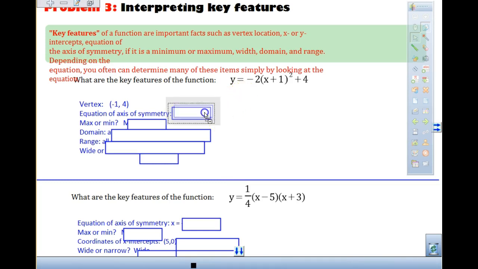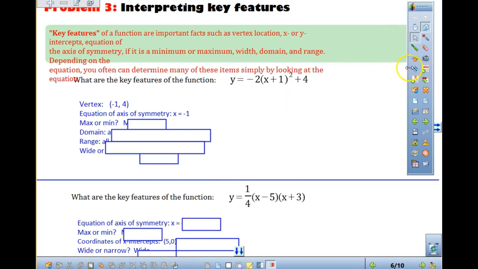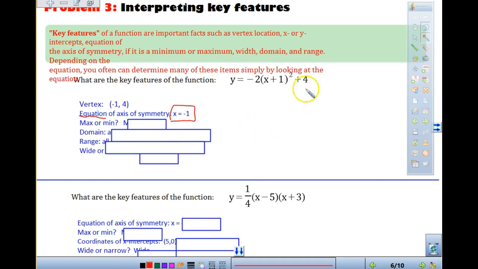Not just negative 1, and this is where a lot of you on that quiz did that. It should be x equals negative 1. So remember, anytime you have axis of symmetry and it says, especially that word equation, you've got to have that x equals. So we're looking at it, should it have a minimum or maximum?